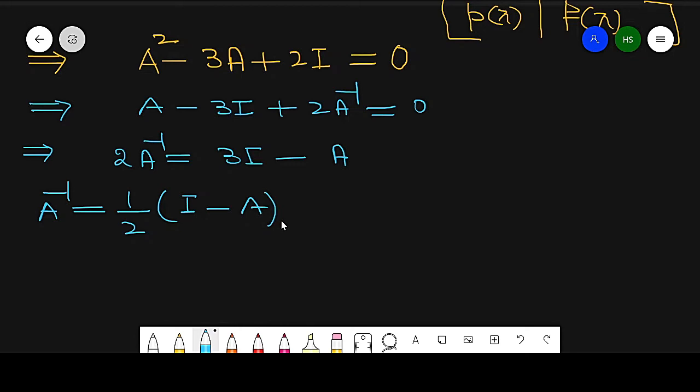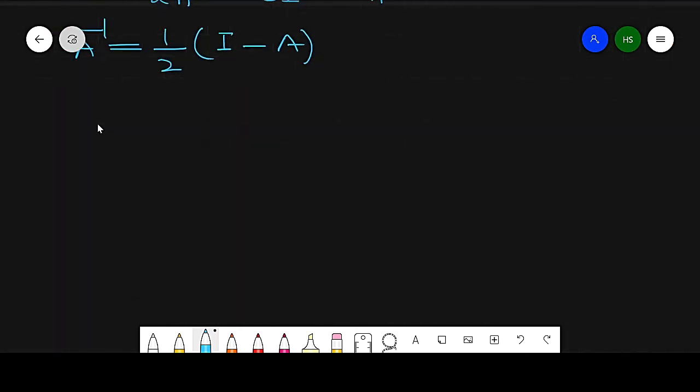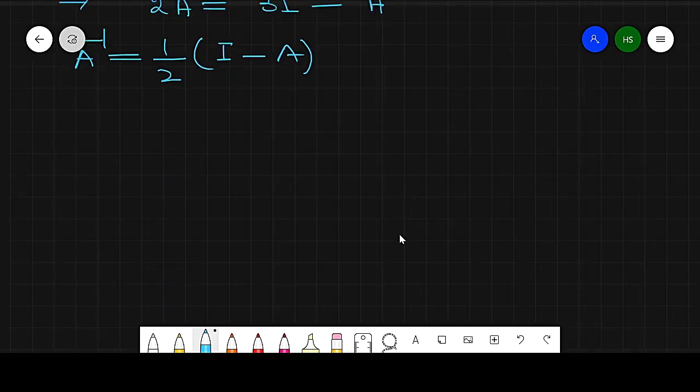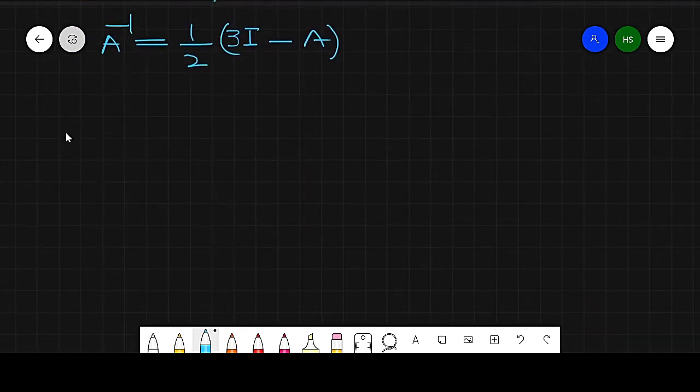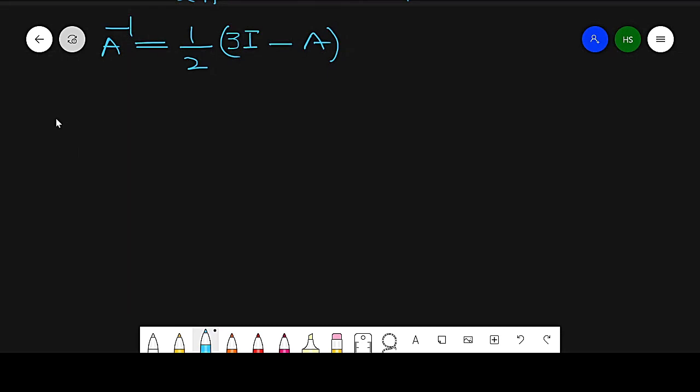Now just find the value of 3I minus A, then multiply by 1 by 2.